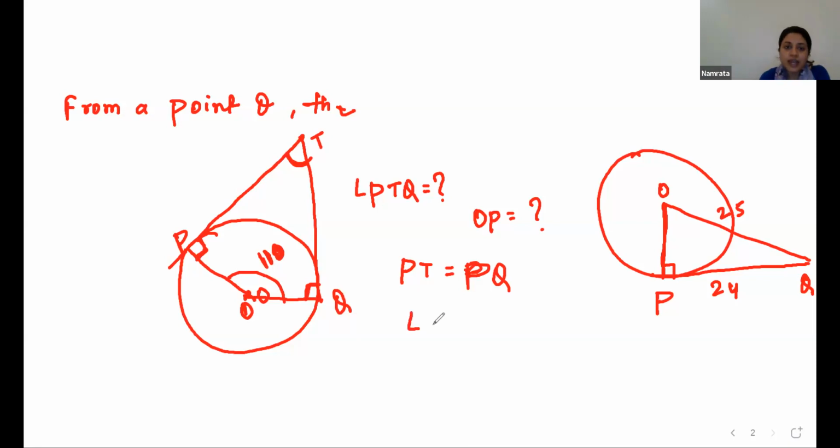So can we say over here that angle TPO and angle TQO both will be 90 degrees, right? Yes, ma'am.